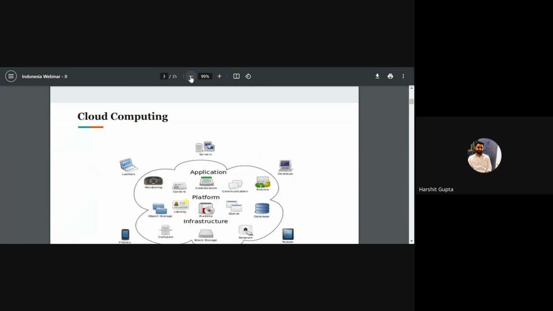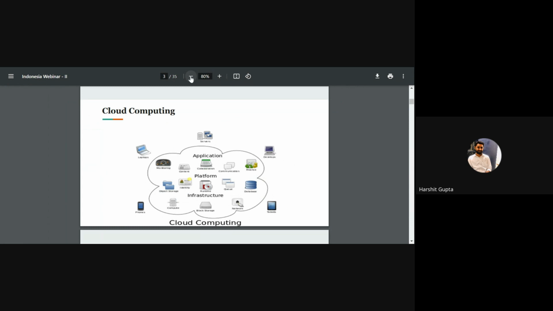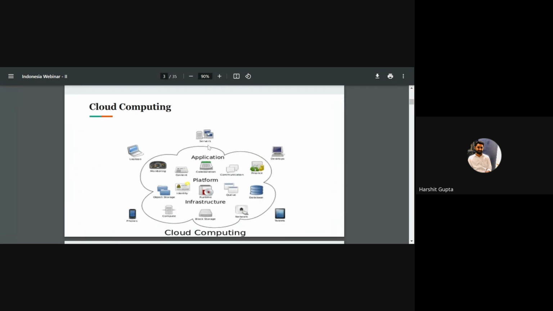So here, if you see in this image, there are multiple applications, platform, and infrastructure given at a central point. Apart from this central point, you can see servers, laptops, desktops, tablets, phones.